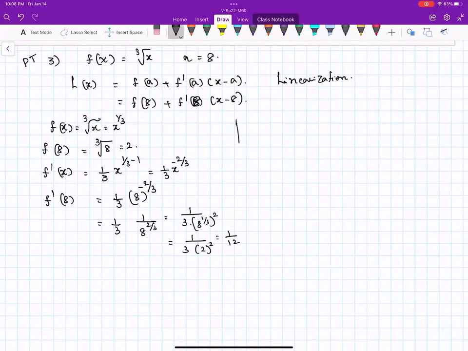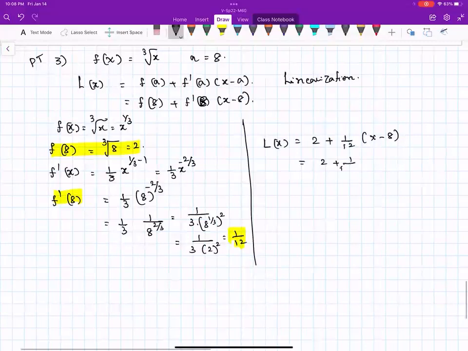So our L of x now becomes, if I substitute these values, namely f8 and f prime 8, f8, which is 2, plus f prime 8, which is 1/12, times x minus 8. So it is 2 plus 1/12 of x minus 8/12.